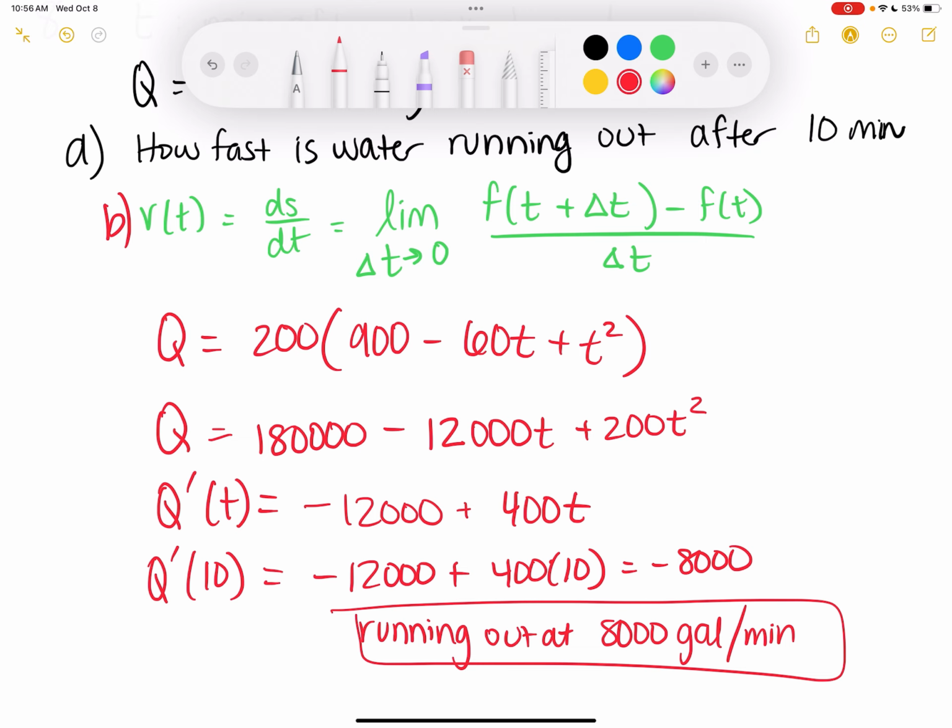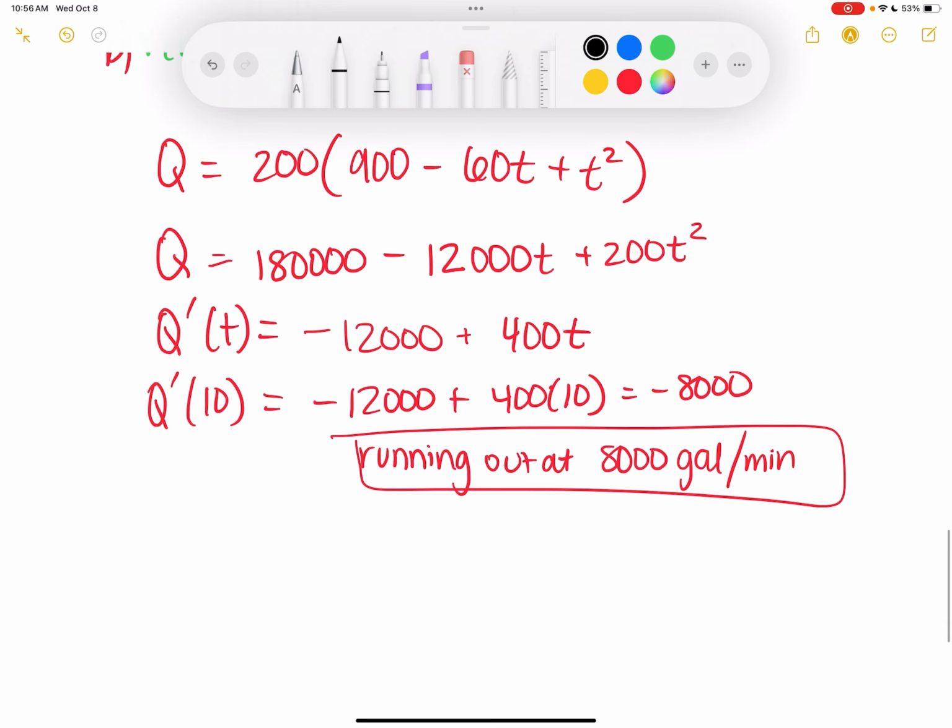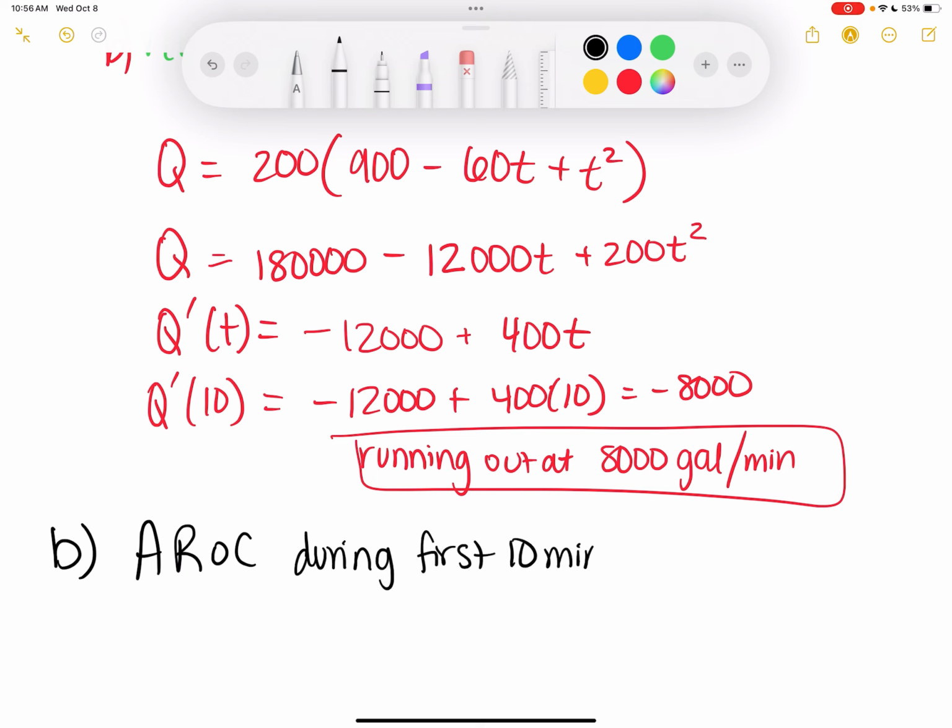So part B, AROC is my average rate of change during the first 10 minutes. So that means on an interval from 0 to 10, which means delta T is equal to 10. So that's what I was trying to fill in earlier, and then that's when I realized, oh no, that means over a period of time.